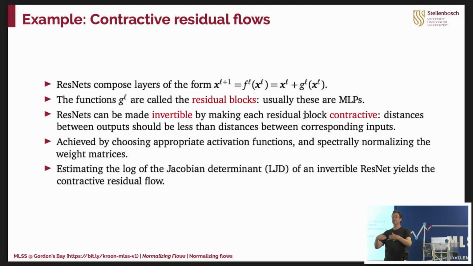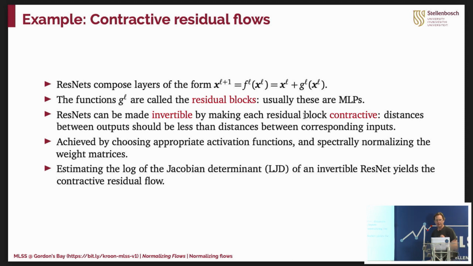If I give two inputs in and they have a certain distance apart, and I look at the outputs, they need to be closer together. This prevents the residual block overwhelming the identity when we are trying to enforce invertibility.